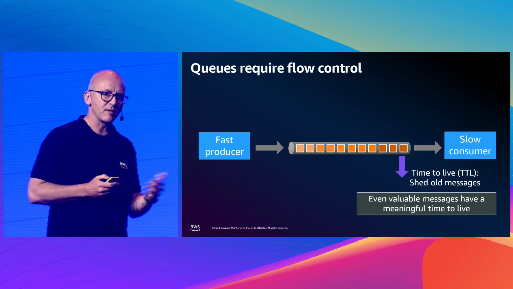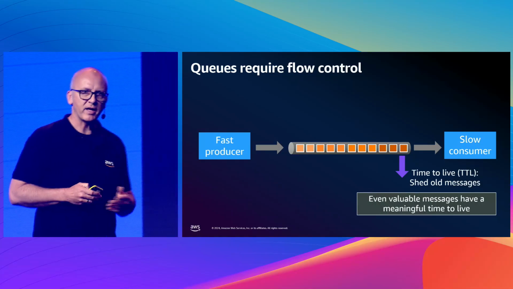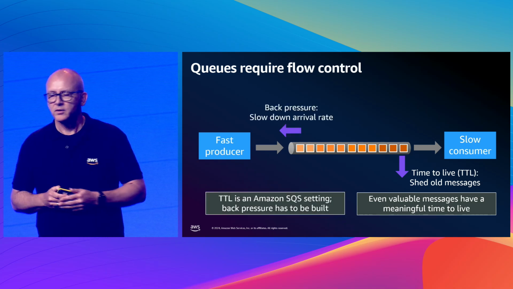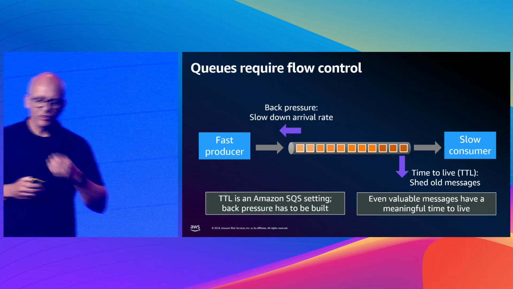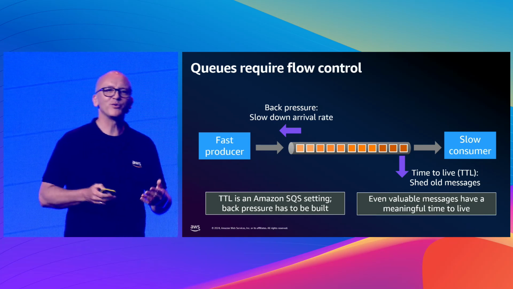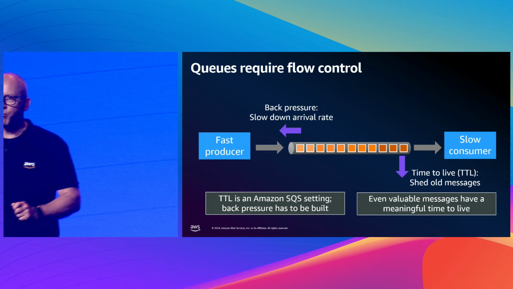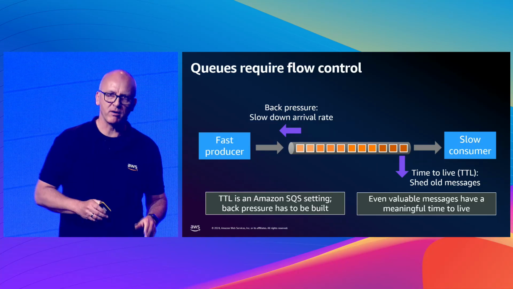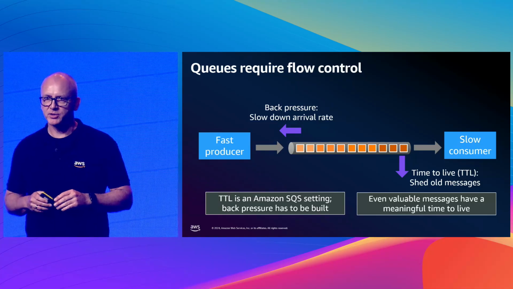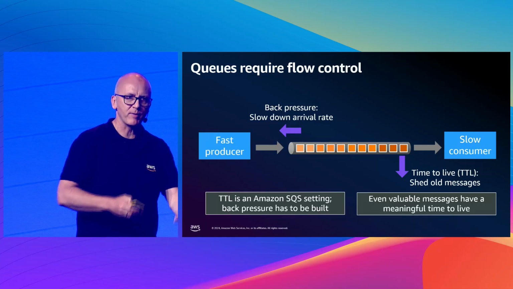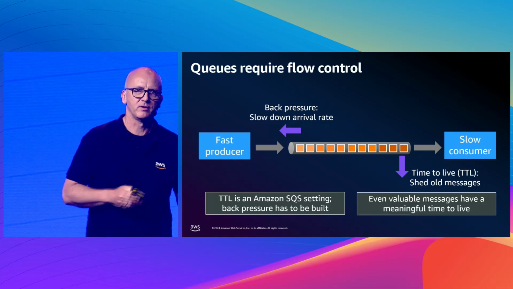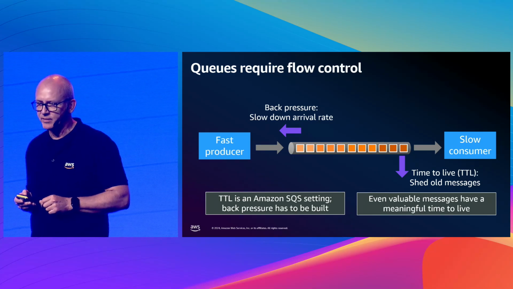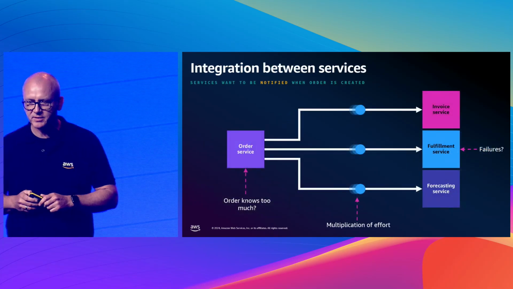You can either add a time to live to your messages and then shed them, get rid of them eventually, or you apply producer flow control, which means you put back pressure on your producers. Tell them, okay, please slow down, stop the message production for a bit. Like if you go into a coffee shop and all the baristas are busy making coffee, you have to wait a bit until the next barista is available to make your coffee. So just keep that in mind.